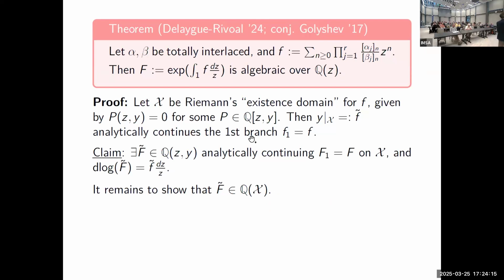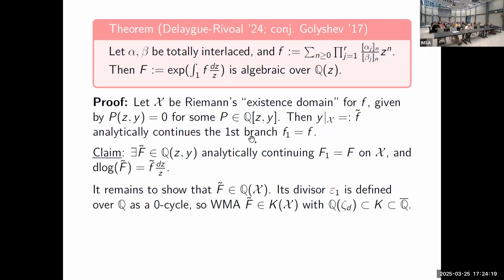So it remains to show that f tilde is in Q(x), the rational function field. Its divisor epsilon 1 is defined over Q as a zero cycle. Right? So we may assume that f tilde is in K(x) for some finite extension K of Q containing, say, roots of unity, just by specialization.